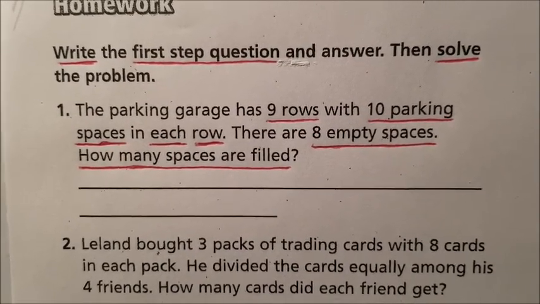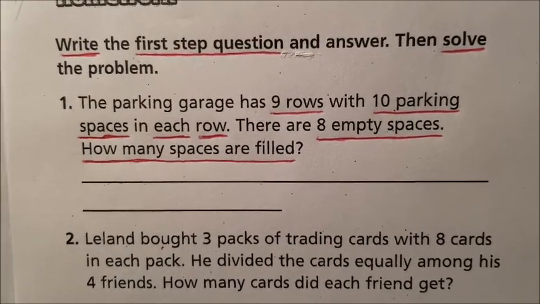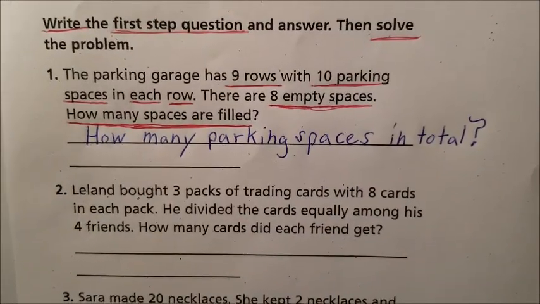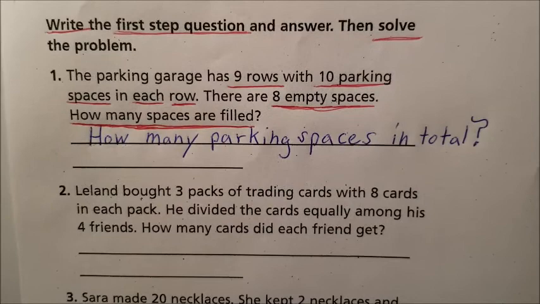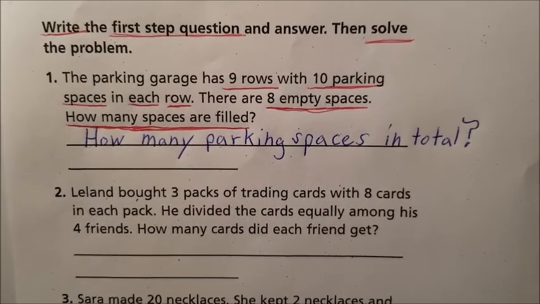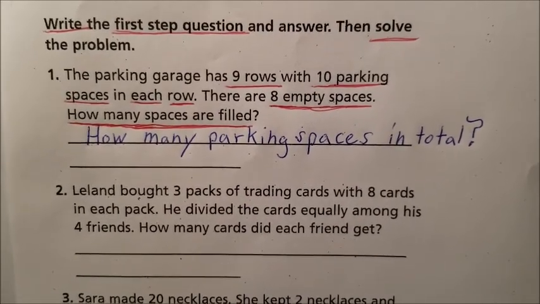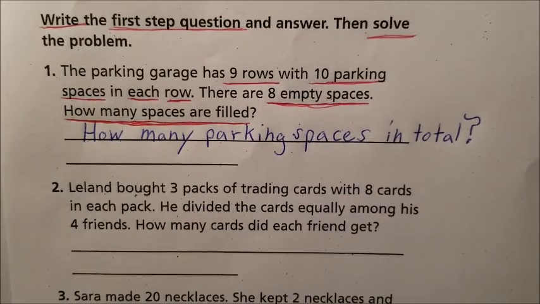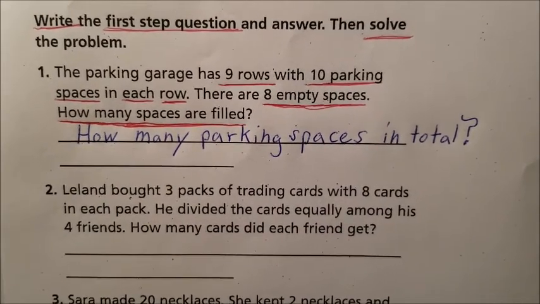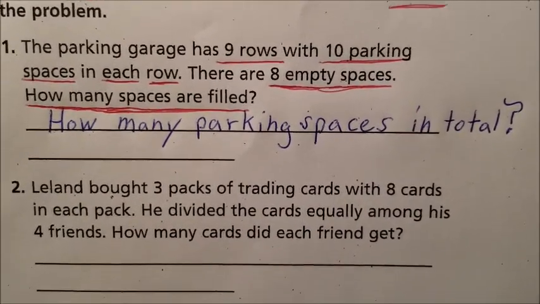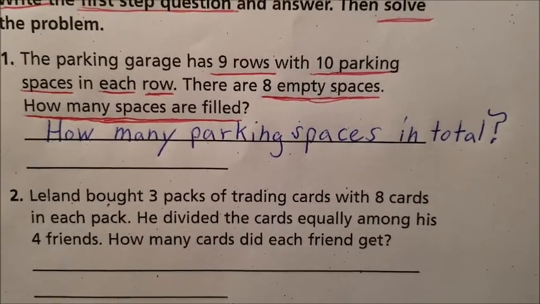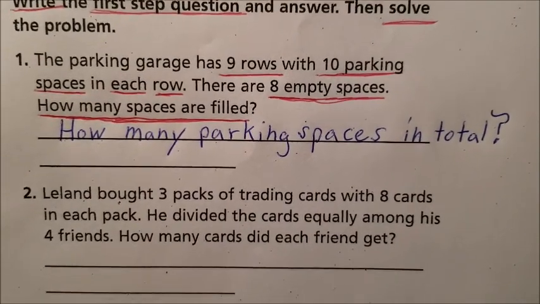That sounds like an array. So that array then tells us the number of parking spaces there are in all. So our first step question is, how many parking spaces in total?